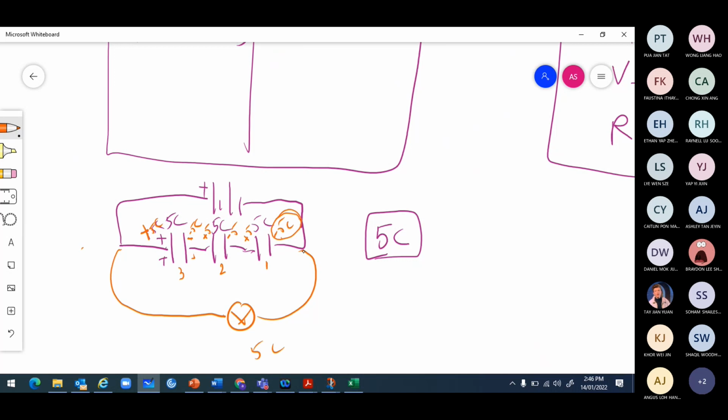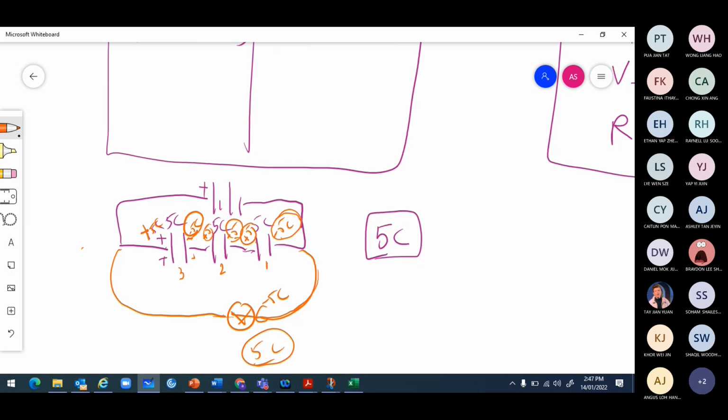The negative 5 coulomb on the second plate goes to the positive 5 coulomb and neutralizes it. So finally, only 5 coulomb of charge passes through the light bulb.